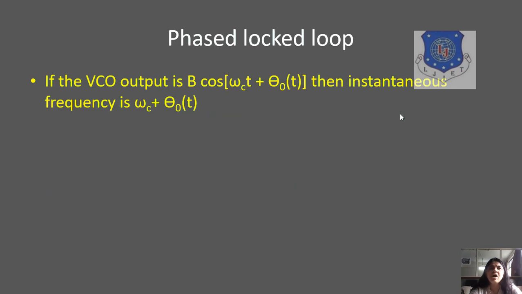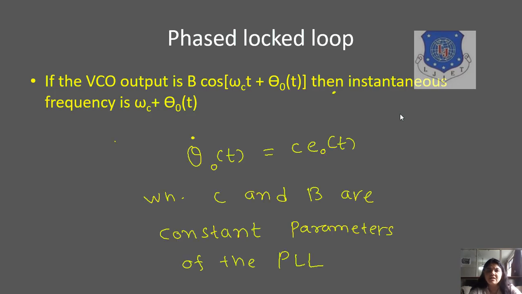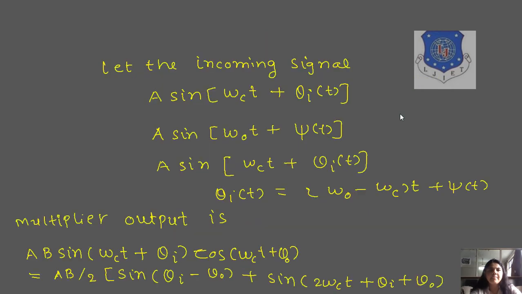So the VCO output is B cos(omega c t plus theta 0(t)), and the instantaneous frequency is omega c plus theta 0'(t). So theta 0'(t) is equal to c E0(t), where c and B are the constant parameters of the PLL.